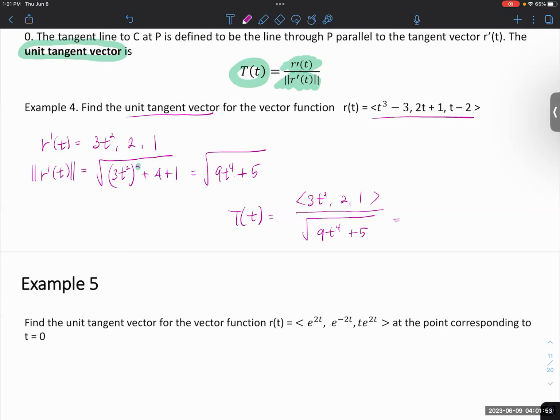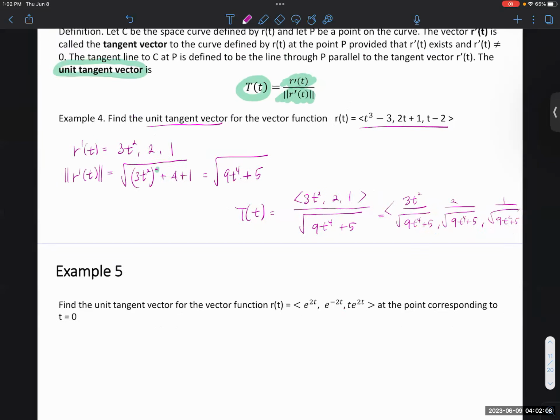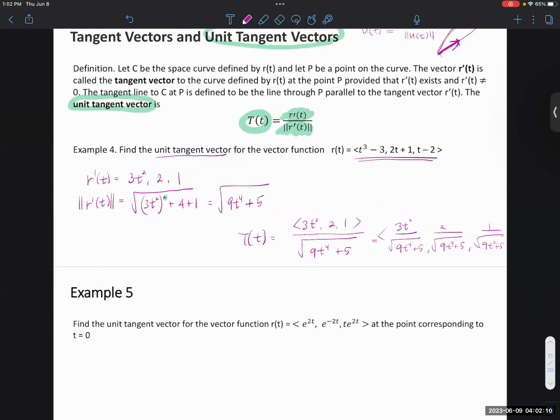You can simply separate them. So this is the unit tangent vector of this vector valued function.